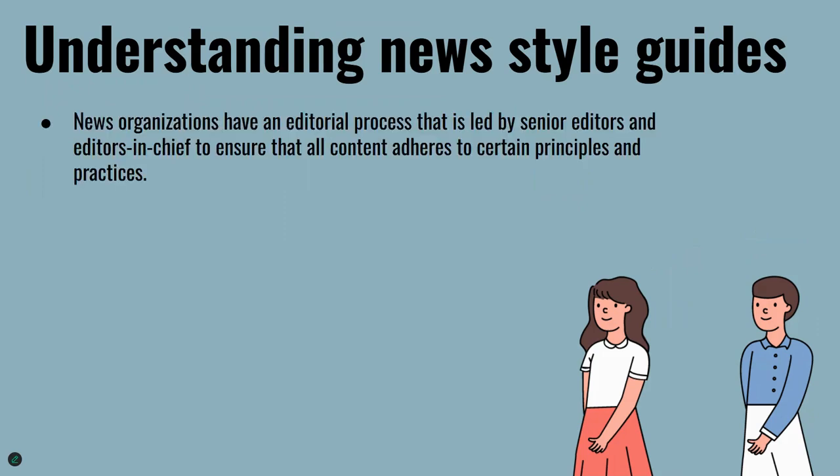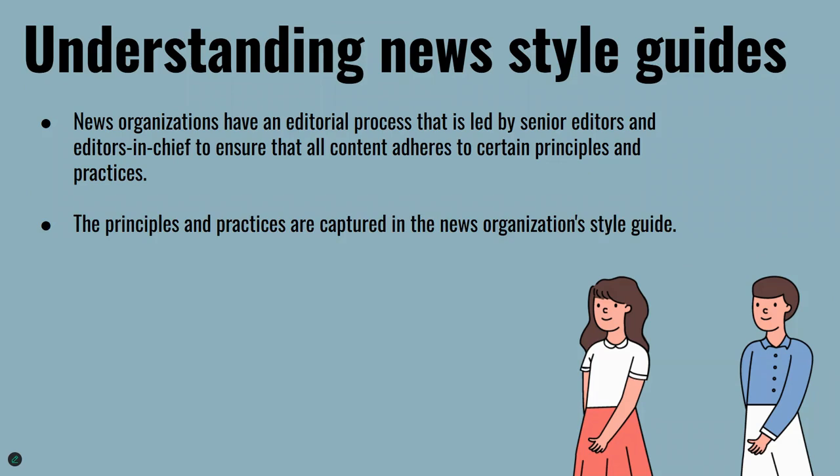Essentially, every news organization has an editorial process that's led by senior editors and editors-in-chief to ensure that all the content they put out adheres to certain principles and practices. These principles and practices are usually captured in a style guide within the organization. Sometimes it's a PDF file, an internal site.